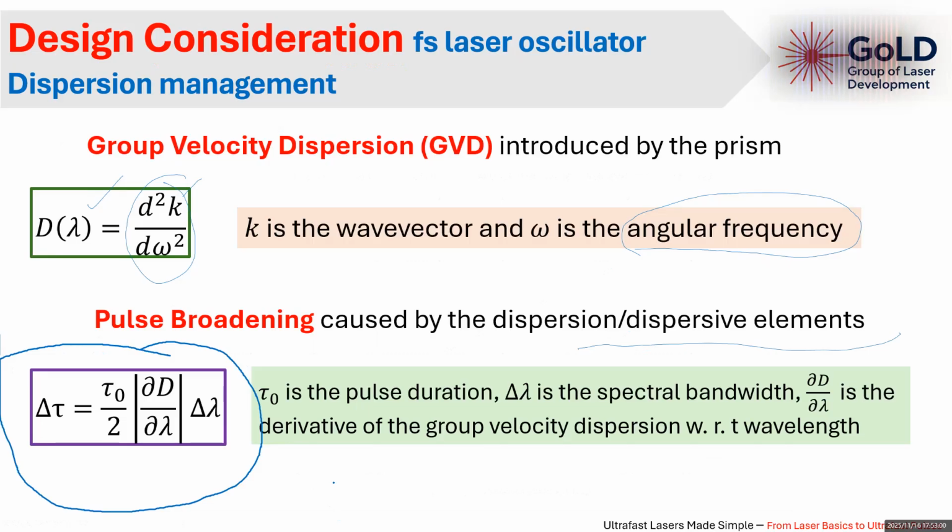Delta tau, tau naught over 2, and the partial differentiation with respect to lambda, and delta lambda. Obviously tau naught is the pulse duration, and delta lambda is the spectral bandwidth. This differential is the derivative of the group velocity dispersion with respect to wavelength, where omega is the angular frequency and this one is wavelength.